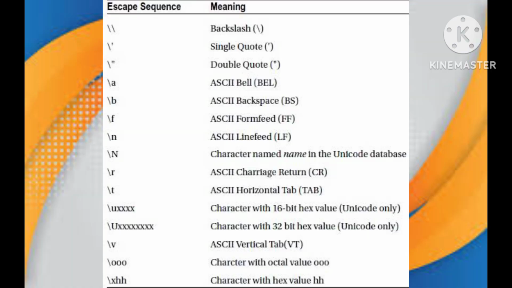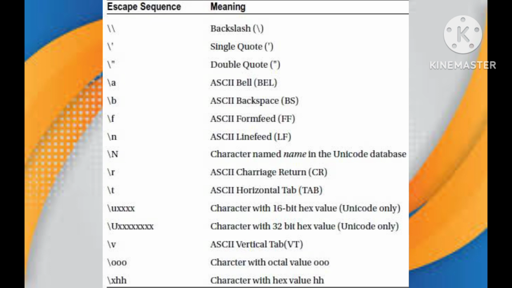The first escape sequence is backslash. If we want to give a backslash, then we write double backslash, and then our backslash will be printed. Then the next escape sequence is single quote.